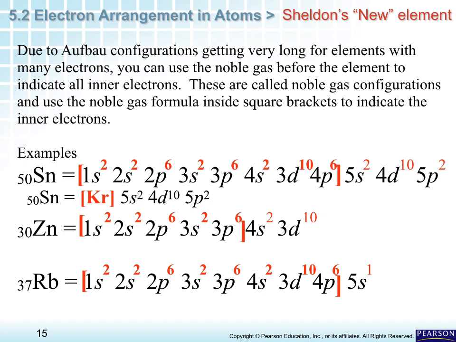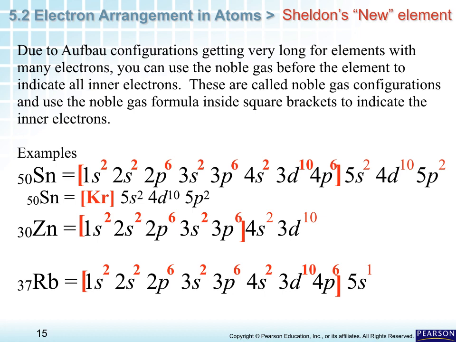What it is not filled in is the fifth row, because the fifth row doesn't go to 16, it only goes to 14, because 2 plus 10 plus 2 is 14. So I take that 1s2 to 4p6 and turn it into Kr, because that means it has 36 inner electrons and 14 outer electrons.